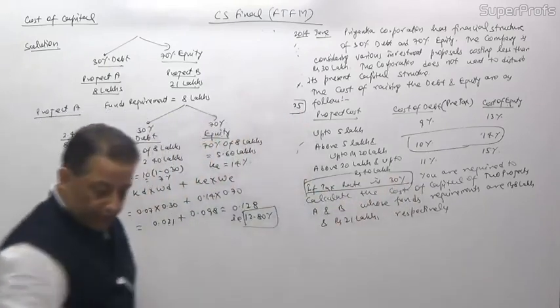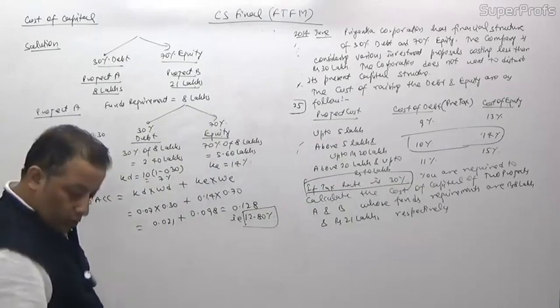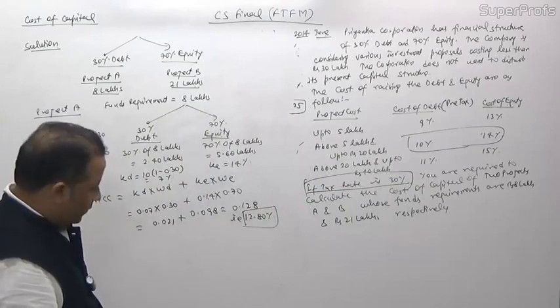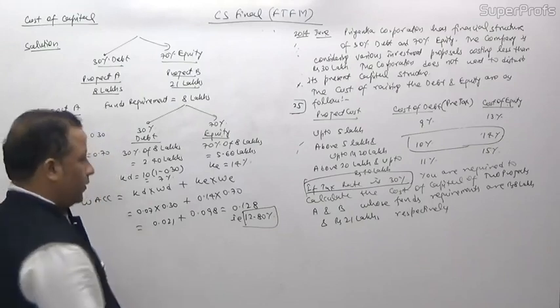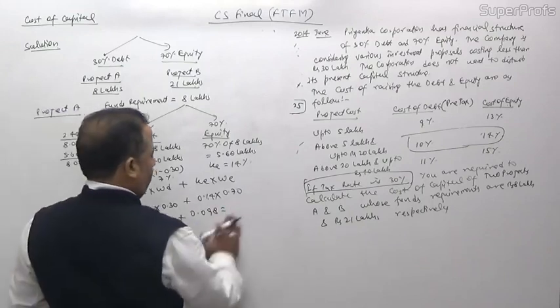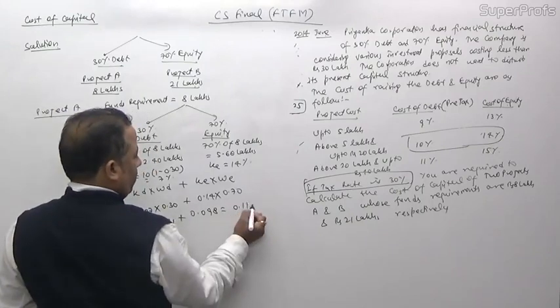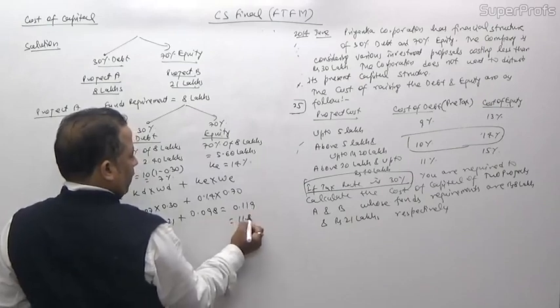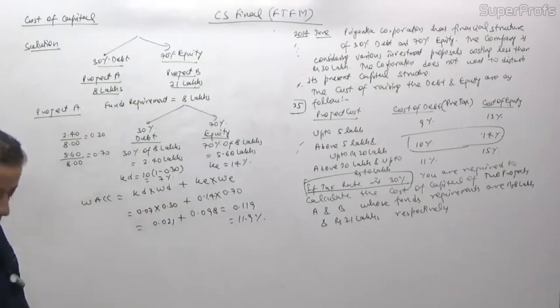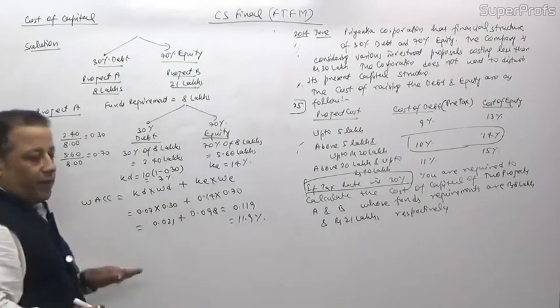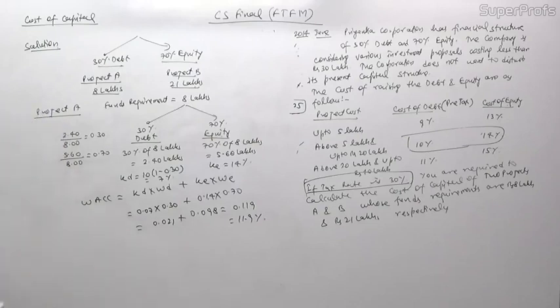So the cost of debt, 0.201, 0.021 plus 0.098, 11.9%. 11.9% is basically the weighted average cost of capital for project A.